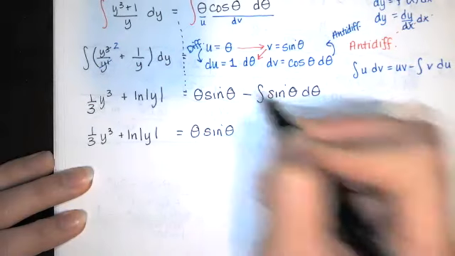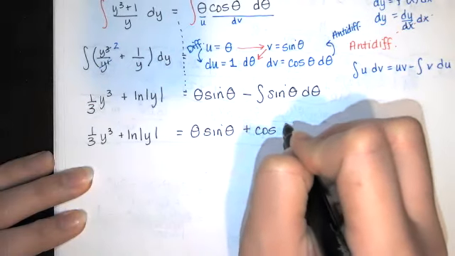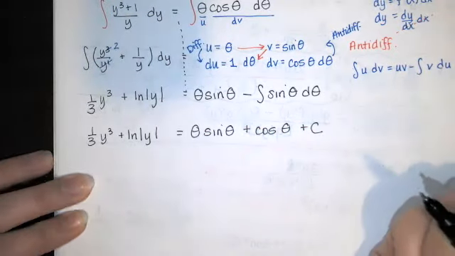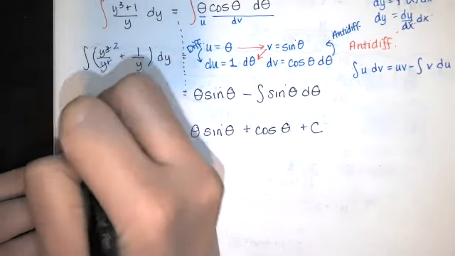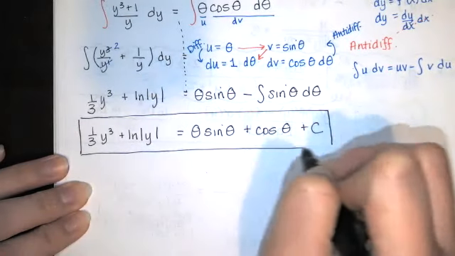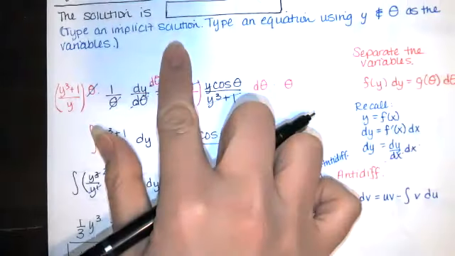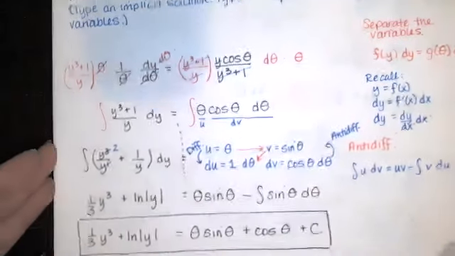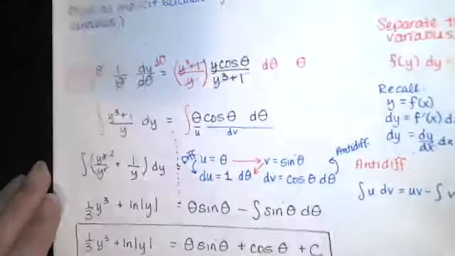So I have a negative times a negative, which is going to be a positive cosine of theta there, plus a constant of integration. So this is our solution. They asked for an implicit solution in terms of y and theta, and I think that's it.